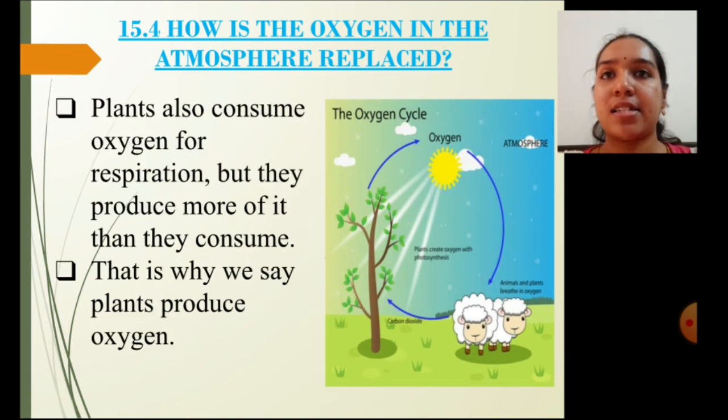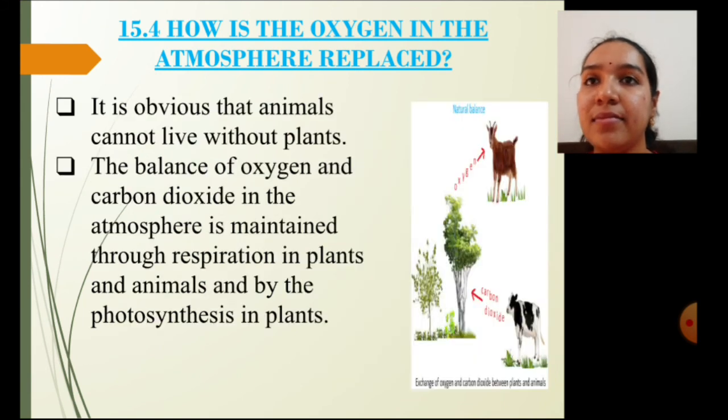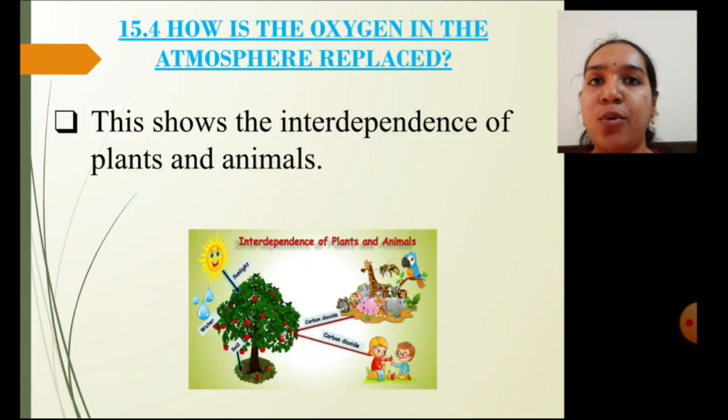Plants also undergo respiration, but the amount of oxygen they produce during photosynthesis is far greater than they consume for respiration. Animals release carbon dioxide during respiration, which is later taken in by plants during photosynthesis. This is how plants and animals depend on each other and maintain the balance of oxygen and carbon dioxide in the atmosphere.